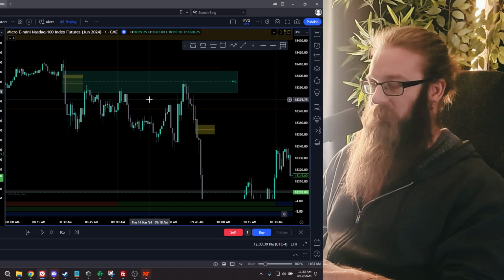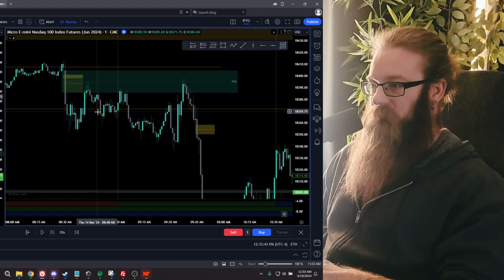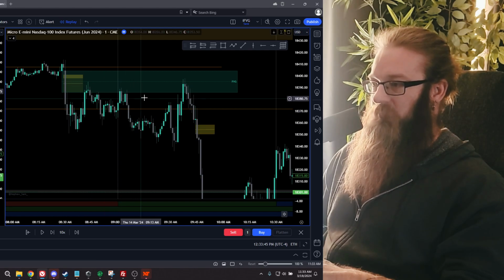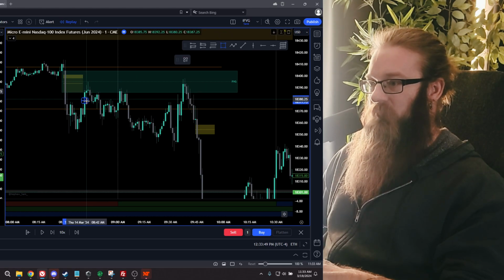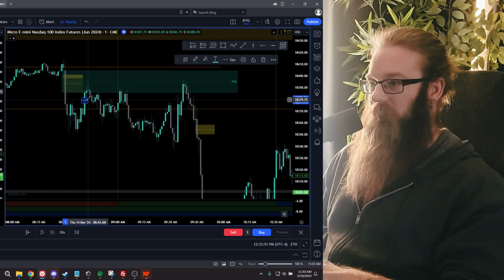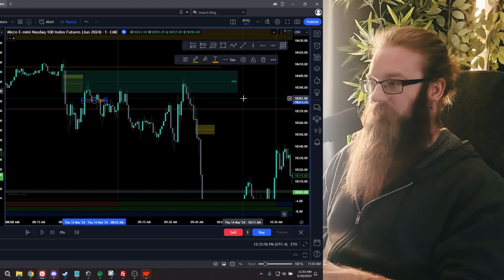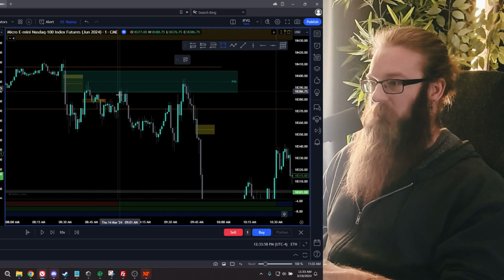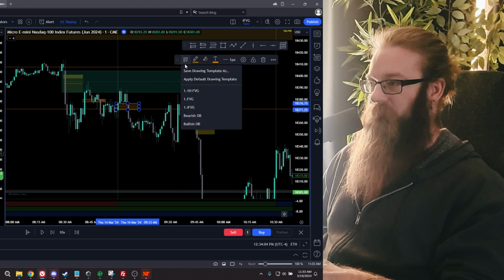What I ended up discovering is once it would reject away, I would notice that on the other side of the leg going into the fair value gap, there were these. There's one there, comes back in and then rejects away. And there's one there.